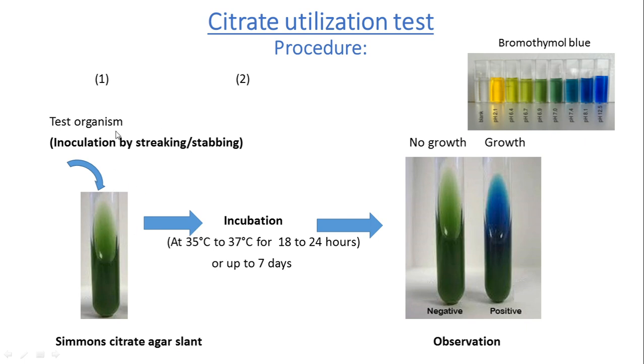The test organism can be inoculated by streaking with the help of a nichrome wire loop, or the inoculation can be done by stabbing with a sterile needle, which transfers the test organism by stabbing. Then after inoculation, incubate at 35 to 37 degrees centigrade for 18 to 24 hours.